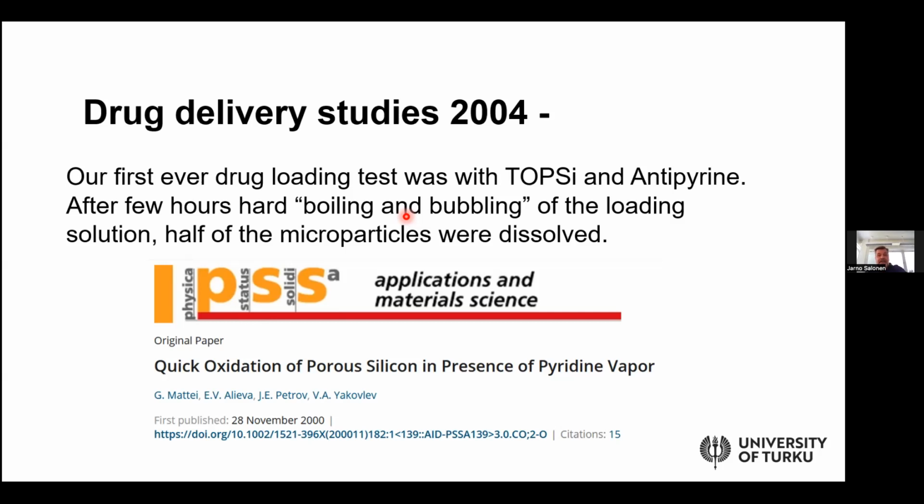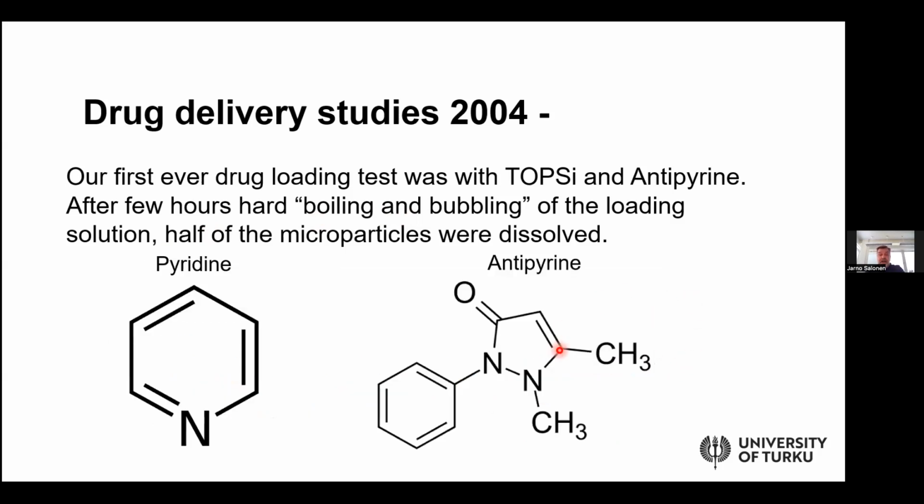But actually, the reason is pretty clear. Mäkilä already in 2000 published a paper about how pyridine vapor accelerates the oxidation of porous silicon. And if we look at pyridine, it's this kind of benzene ring which has a nitrogen, and antipyrine has a similar structure.